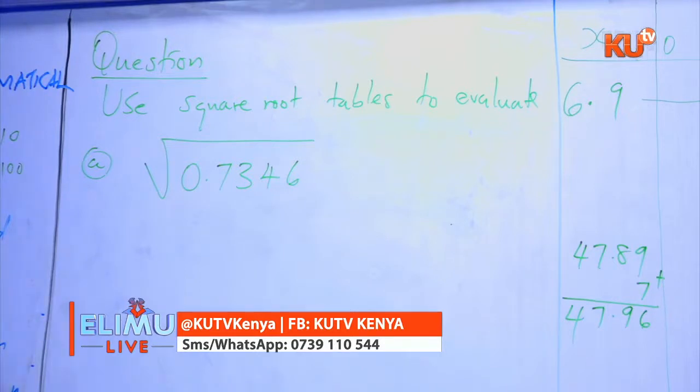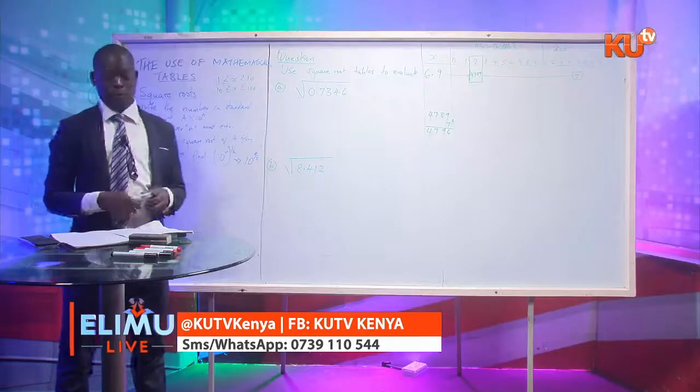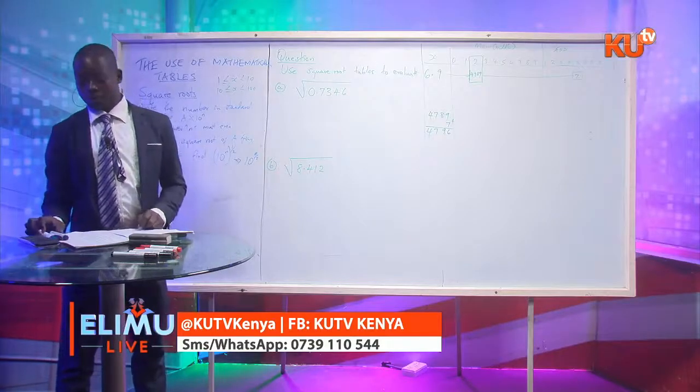In the first case, we are finding the square root of 0.7346.